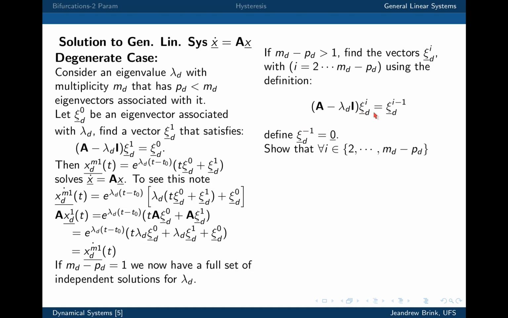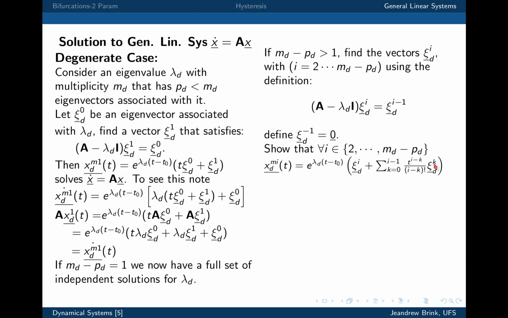You can then show that if you construct all the vectors in this way, you can actually construct independent solutions. And the independent solutions are merely your eigenvector, the original solution, plus a sum, like a power series sum of these new vectors you've constructed. So the thing is, you always multiply by t. If it's your first vector, then it's just linear, so it's t to the 1.